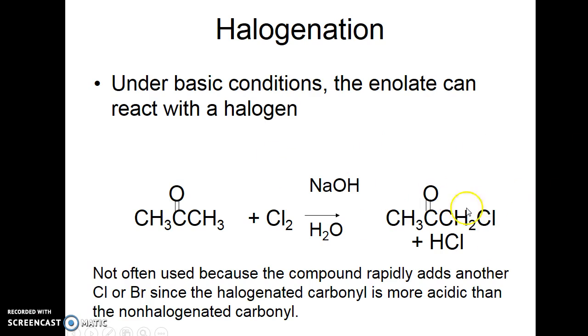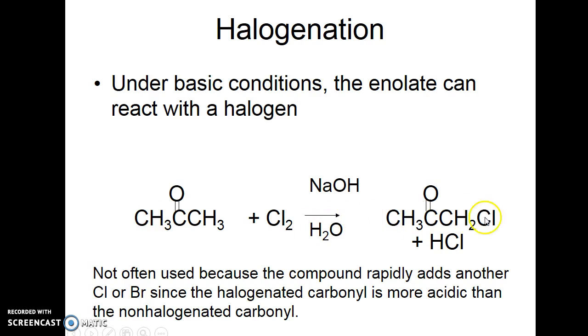This now is a more acidic proton right here that is alpha to this carbonyl, because now the chlorine will help to stabilize a negative charge here. So this is preferentially deprotonated over any acetone that might be in there.